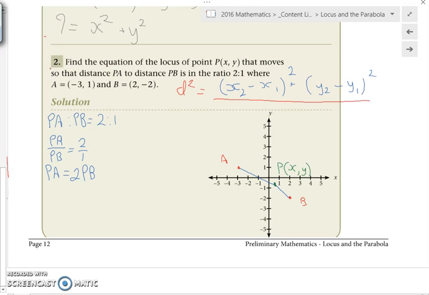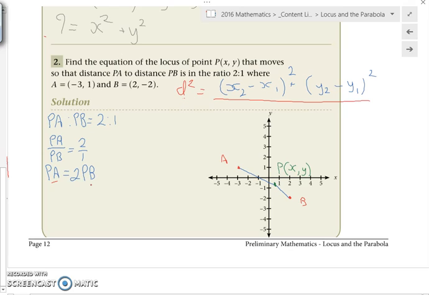Now, how am I going to use that? What is PA? No, but what is it? A is the point. What is PA? PA is the distance between P and A. The distance. What is PB?